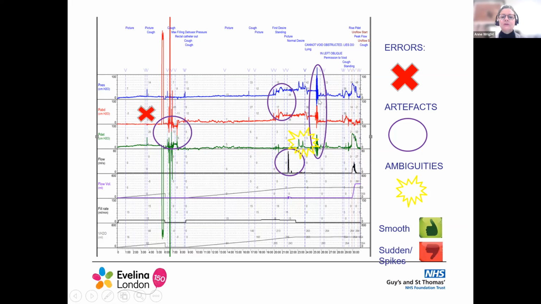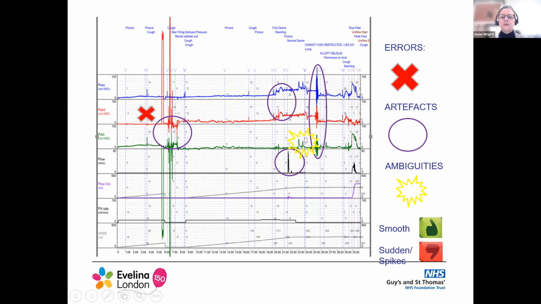You can see in blue places where there are artifacts. Artifacts are events that happen largely unavoidable, but you need to recognize them and characterize them. And then of course there are ambiguities, and in this case here, these rises in PVES, PDET look like detrusor overactivity.